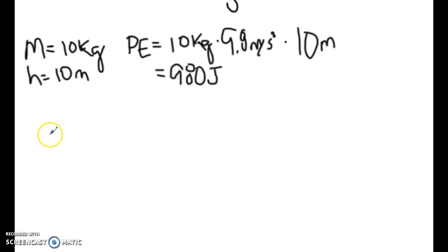Okay, all right, so let's say, for example 2, that you were given that the weight is equal to 15 newtons and the height is equal to 10 meters.